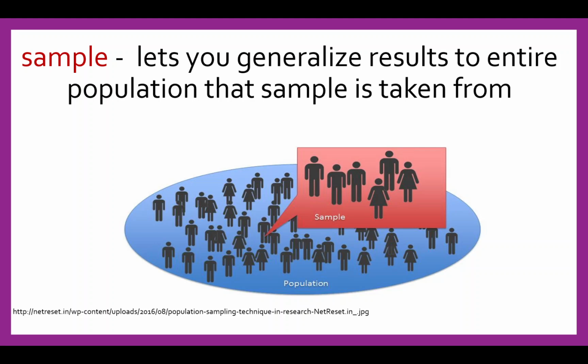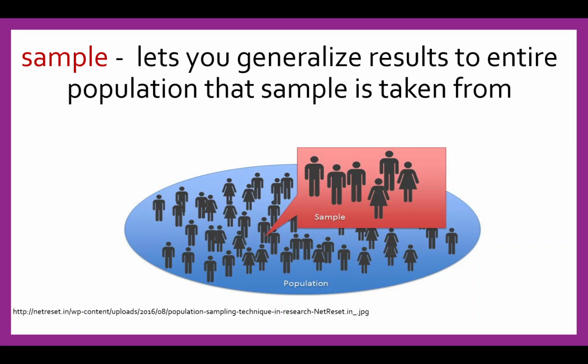So a sample lets you generalize the results to the entire population that sample is taken from, the entire population that sample represents. So the sample is representative of that entire population. But this is also why the manner in which a sample is chosen is extremely important.